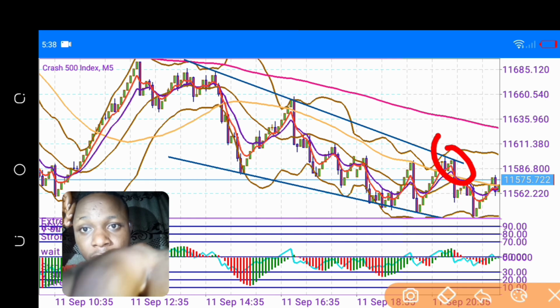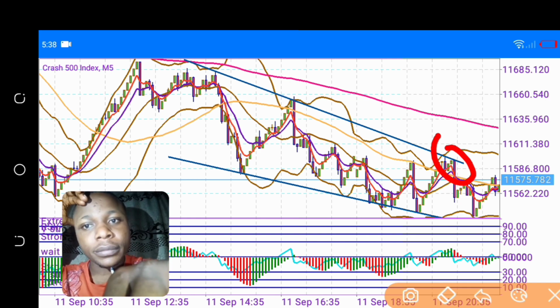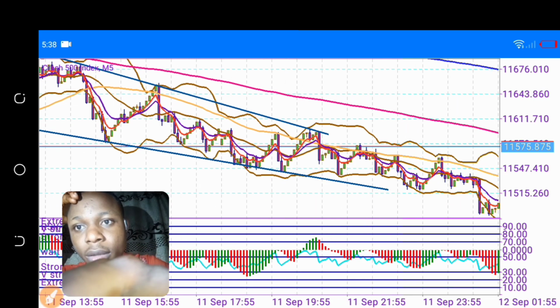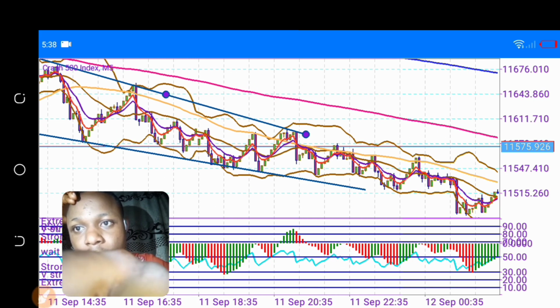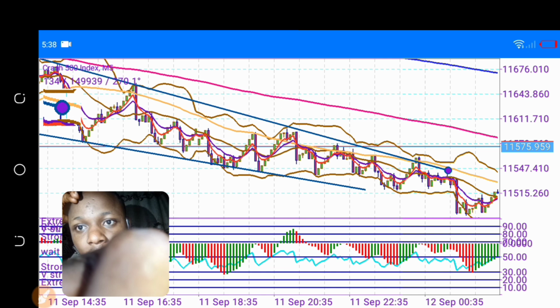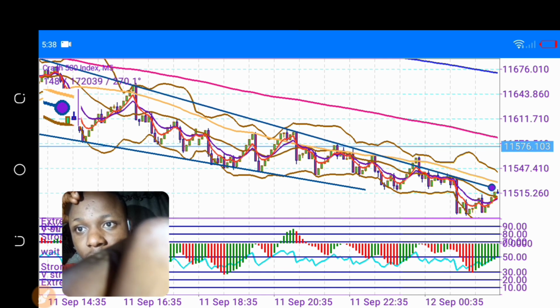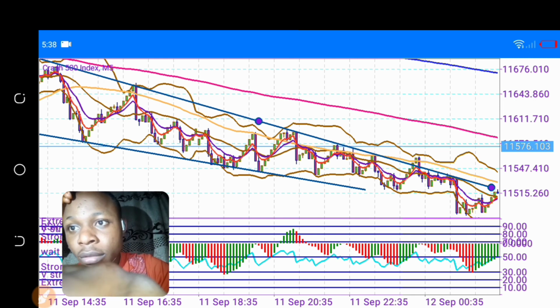Using trend line, you will definitely detect it. Let's see. So we'll be concentrating on the higher one because we are detecting spikes on Crash. So we'll dedicate our time to the resistance trend line.